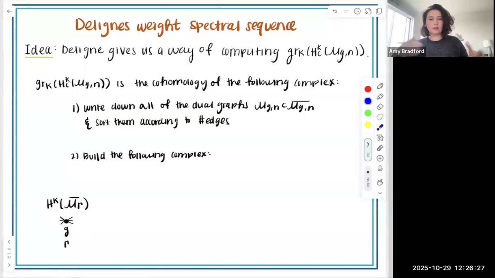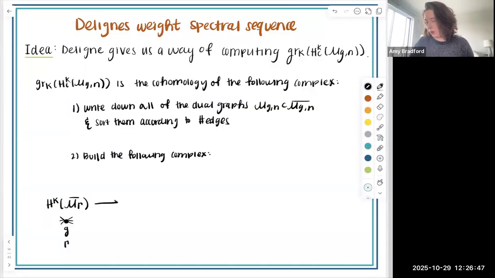Let's collect all of those together, and that is what this M_gamma bar is. So it's the moduli space of curves whose dual graph is gamma. And then I can close it off. That's something I can do.